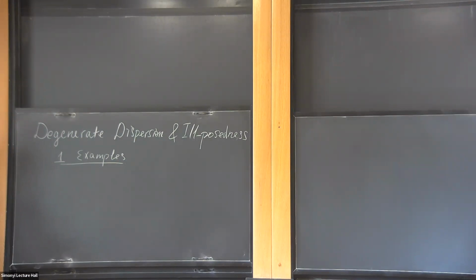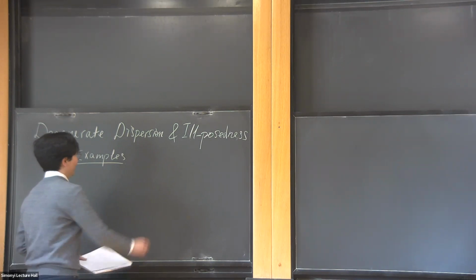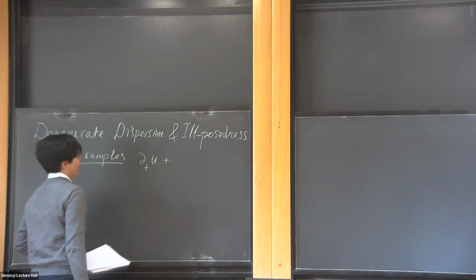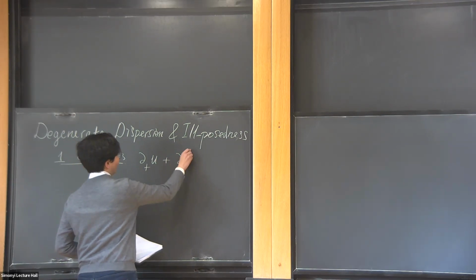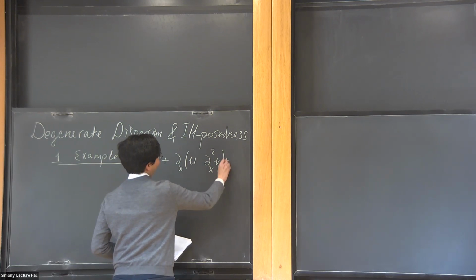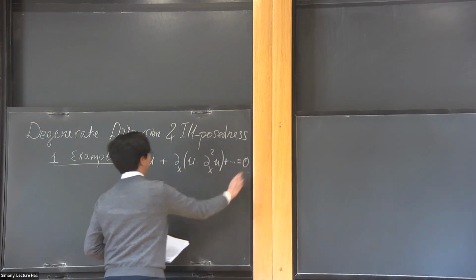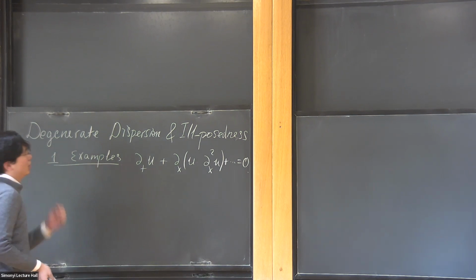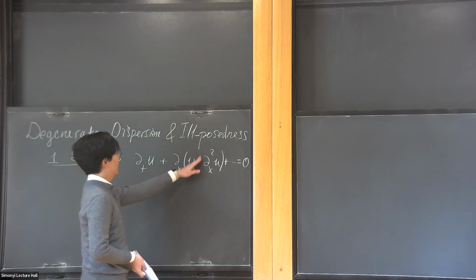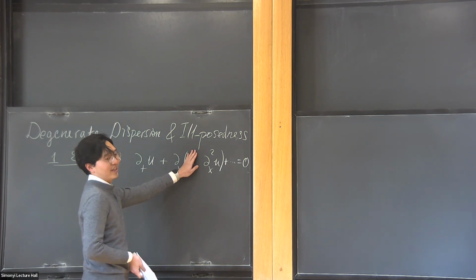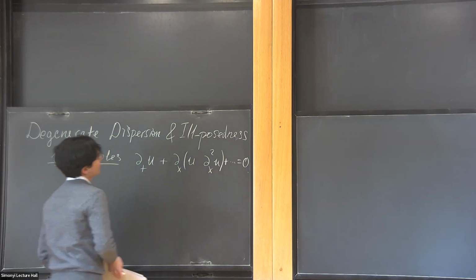This kind of equation first appeared in the physics community where people started to consider equations of the form dx of u times squared u, and many lower order terms. And of course, there are many variations of equations of this type. The point is that if this coefficient was not there, this is just the linear KdV equation.